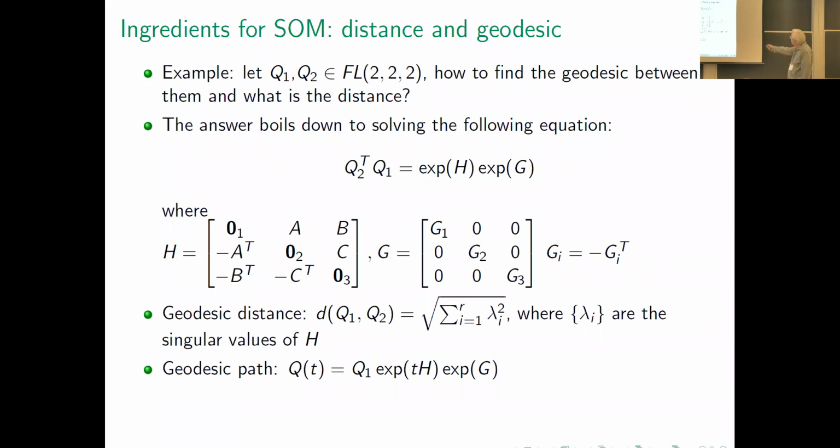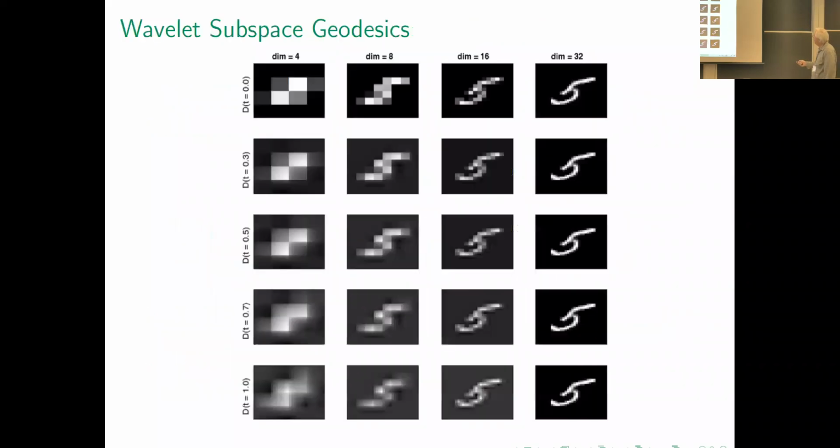I have two square orthogonal matrices, Q1 and Q2. I start with H and G random, and I solve the problem for H and G. At the end, I've got a geodesic path, which is this. It says the geodesic on a flag is that formula.